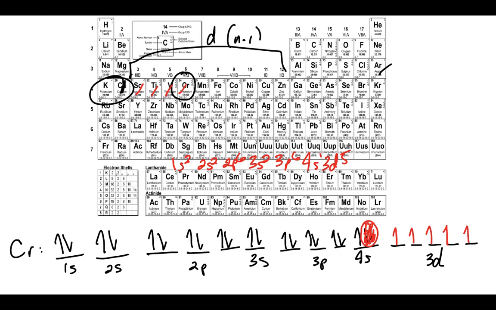So it's not the end of the world, because it turns out that all of the elements in this same group follow the same exception, because they're all in group 6. They're all going to have that last orbital notation of n minus 1 d4.